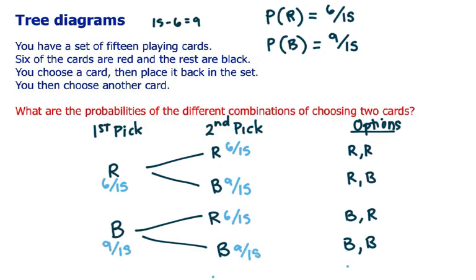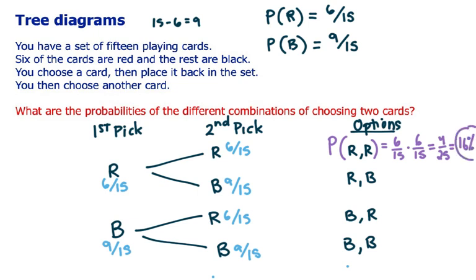And so if we want to know the total probability of picking a red followed by a red, we would just multiply these probabilities. 6 out of 15 times 6 out of 15, which when you multiply that, you get 4 out of 25, which is 16%.